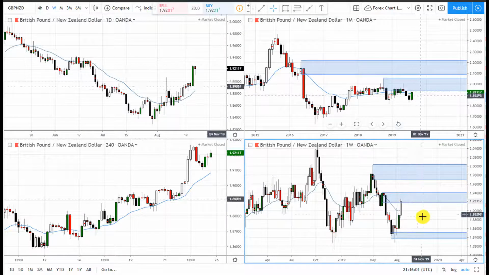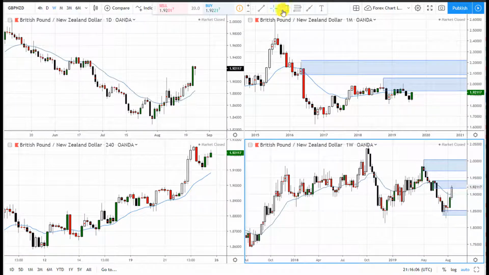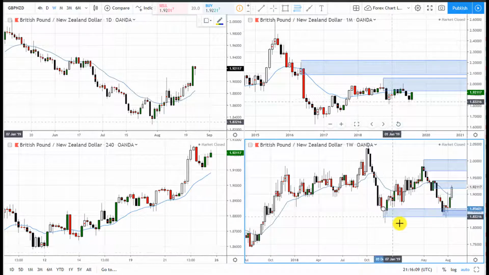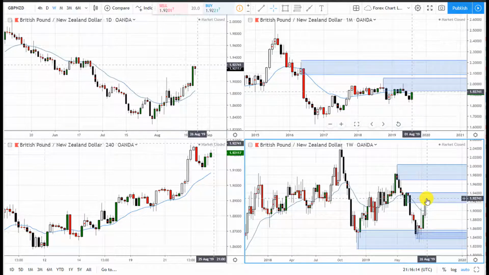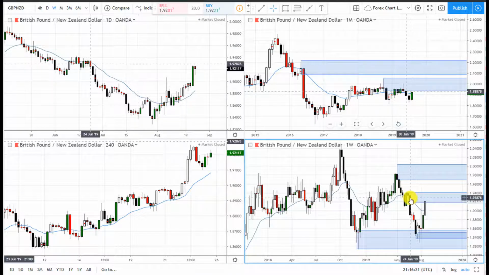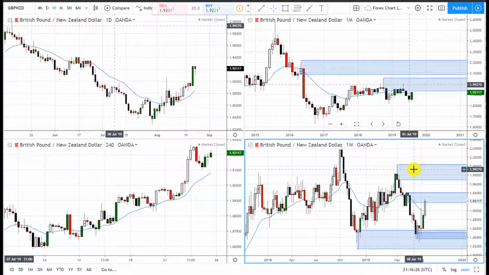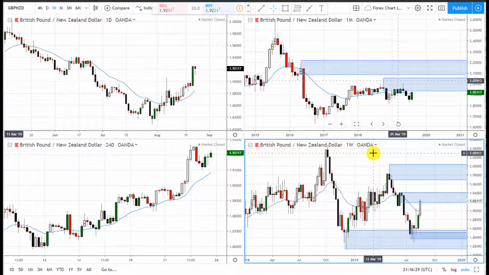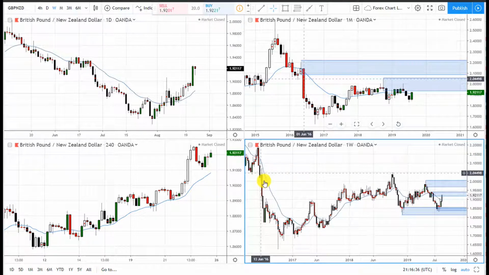On the weekly, we have an area of demand down here that held price together, and then we cannot buy anymore because this area of supply is in control, and then this area of supply is in control again, and then another area of supply in control up here, which is this area here.